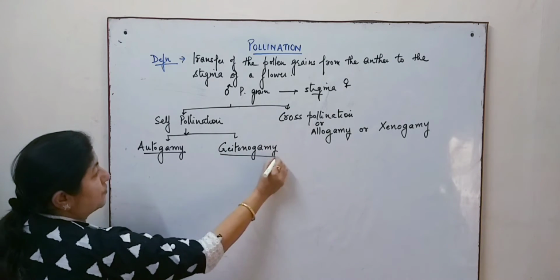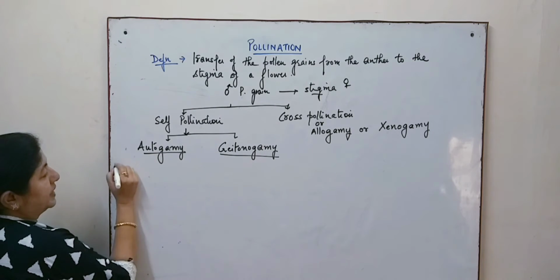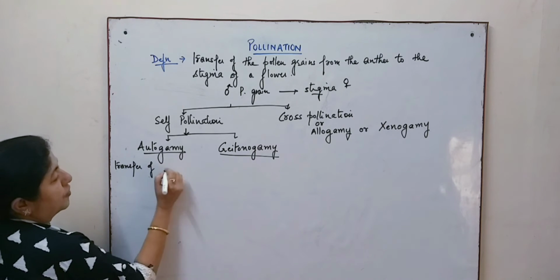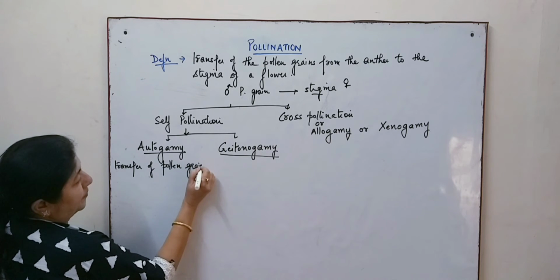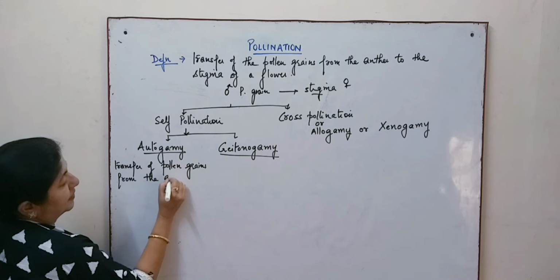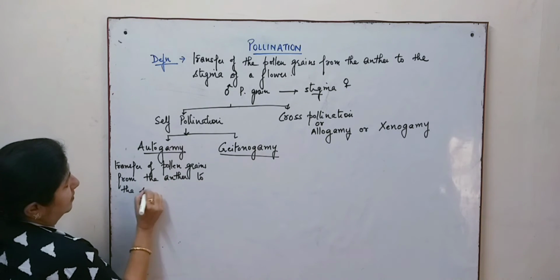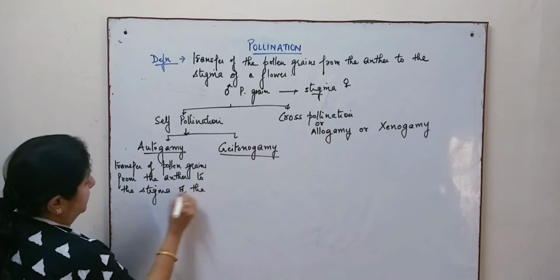In the case of autogamy and geitonogamy, the major difference is that autogamy is the transfer of pollen grains from the anther to the stigma of the same flower.